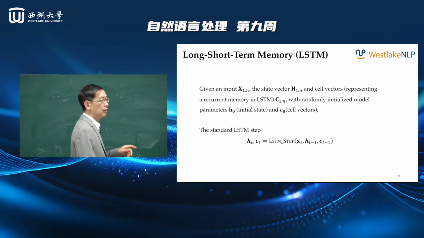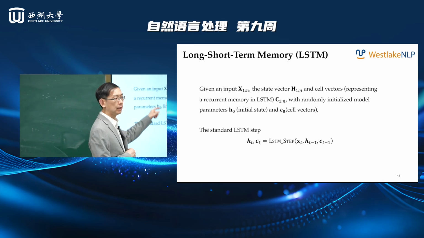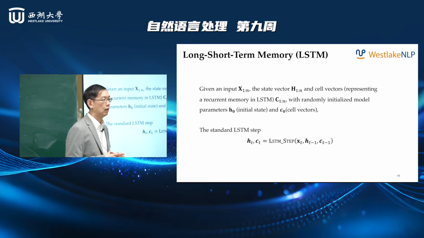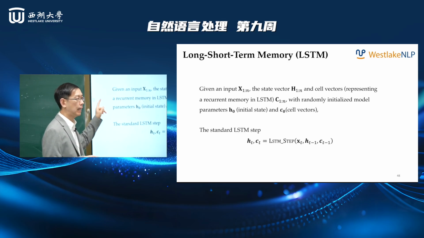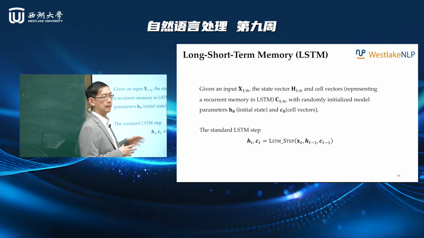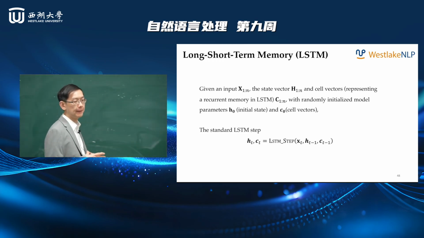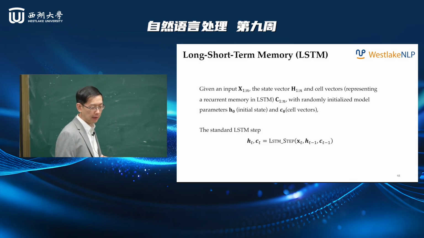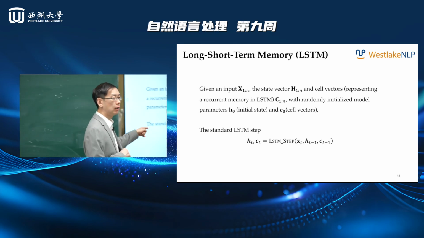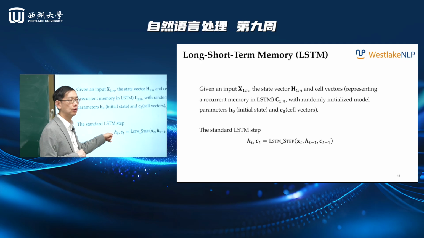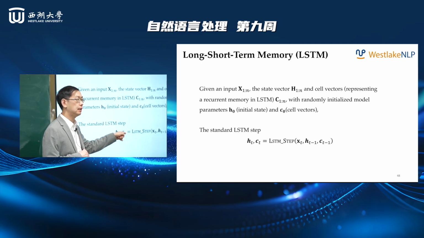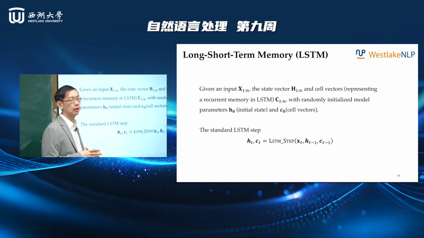Let's look at, okay, the first one. For RNN, you only worry about X and H, and that's all, right? For LSTM, you worry about X, H, and C. Okay? And the LSTM step is therefore h_t, c_t is equal to a recurrent step, x_t, h_{t-1}, c_{t-1}.